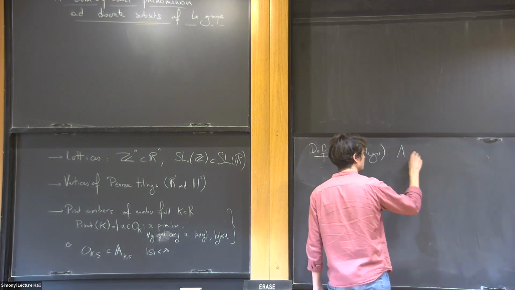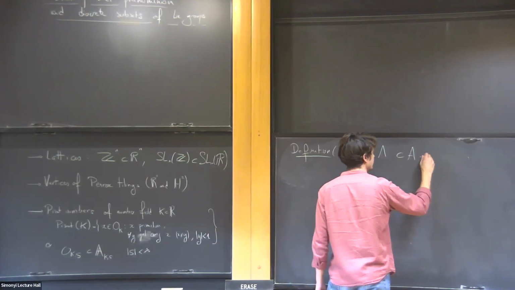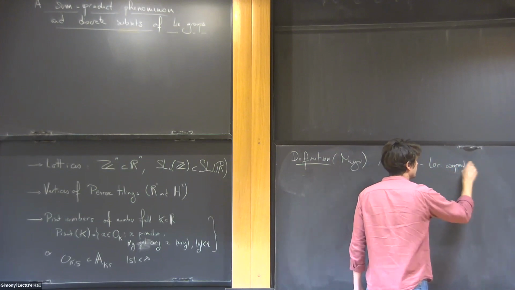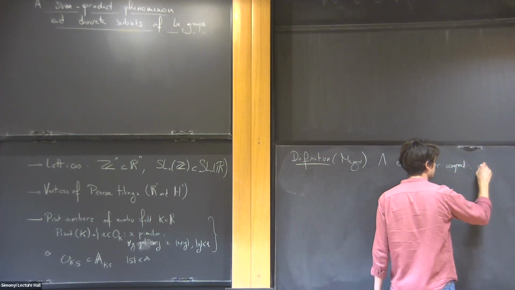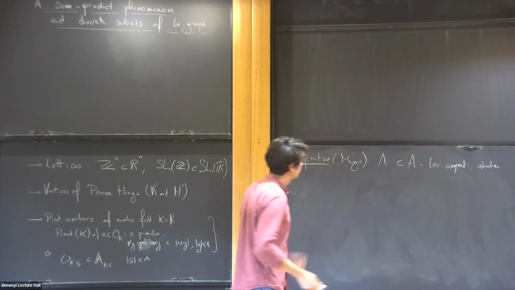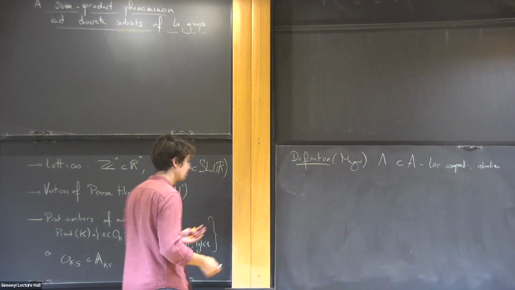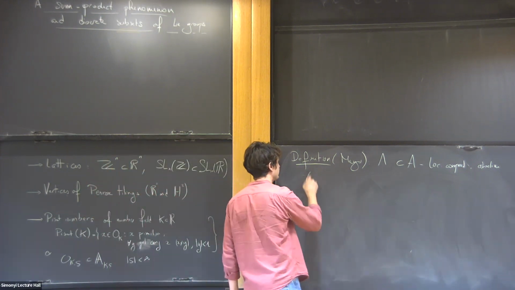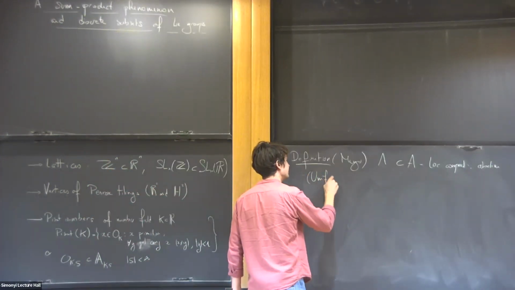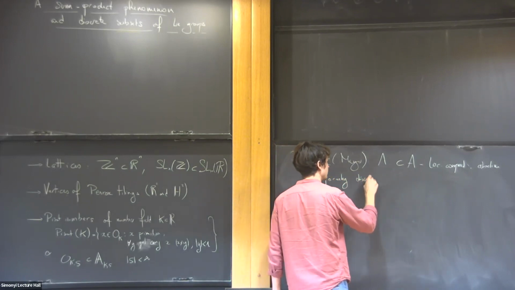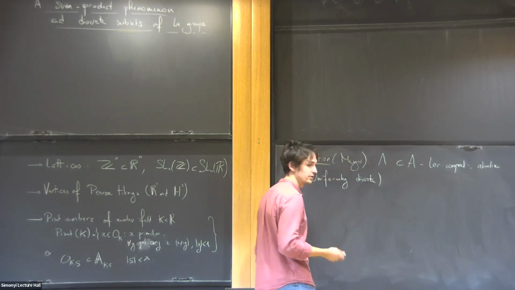You take Lambda, a subset of A, where A is a locally compact abelian group. Let's start with abelian groups. You will want your Lambda to satisfy a series of properties. First of all, you want it to be discrete, and slightly more than that, you want it to be uniformly discrete.